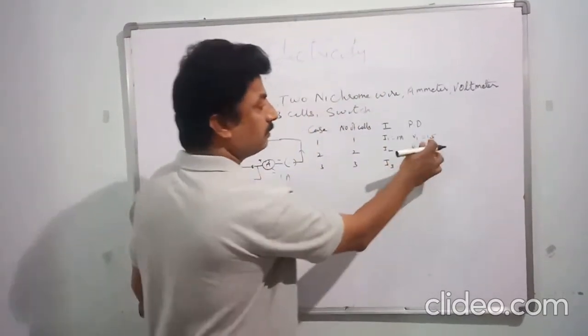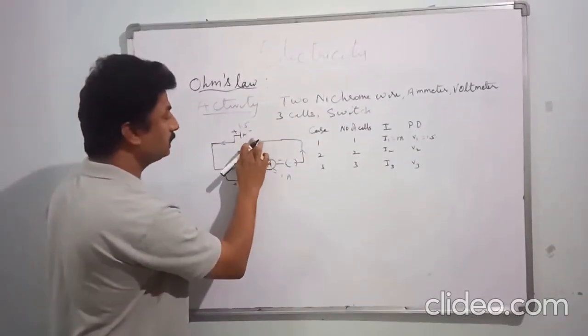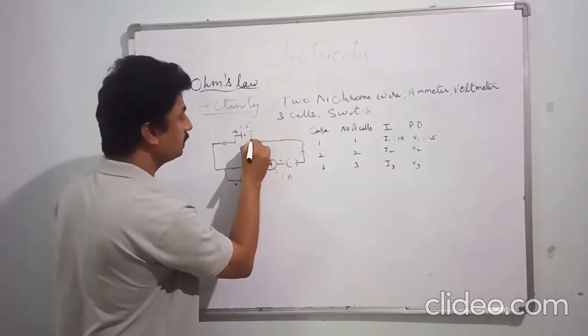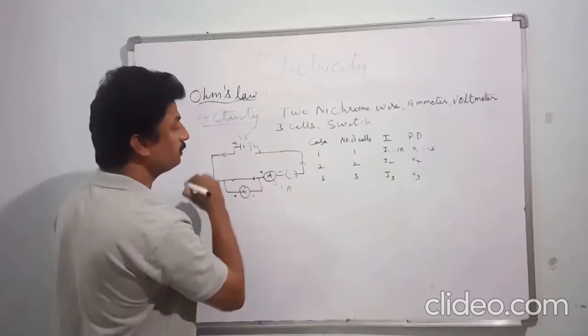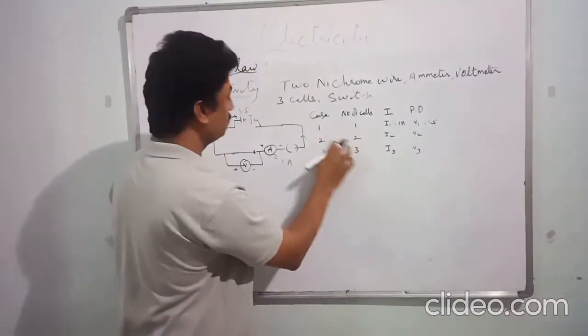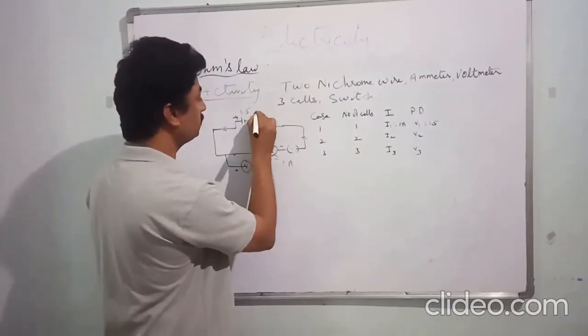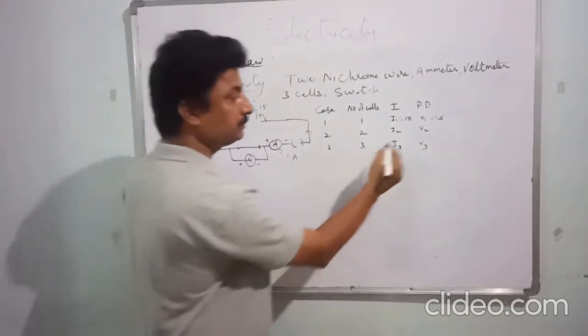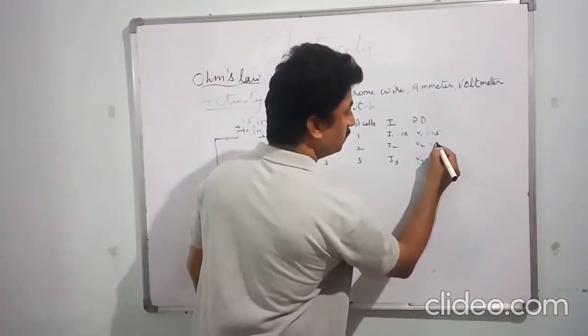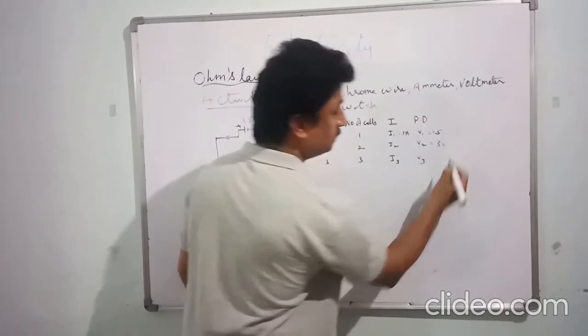Let us take 2 batteries. One more battery I am attaching over here. That is 2 cells. As the number of cells increases, the voltage increases by 1.5, that is 1.5 plus 1.5, which is 3 volts.